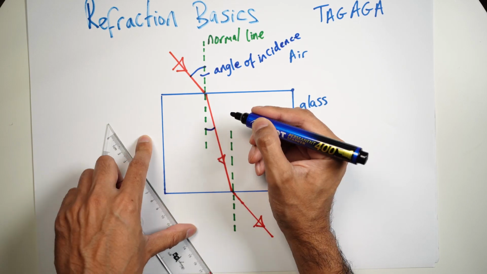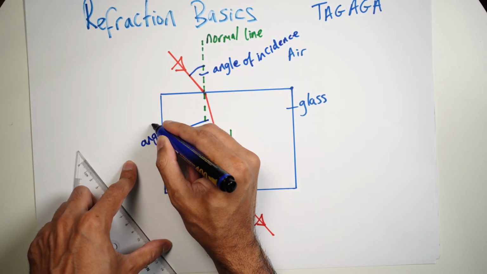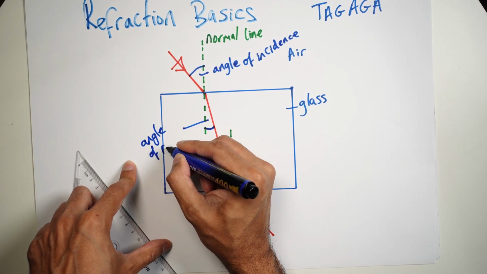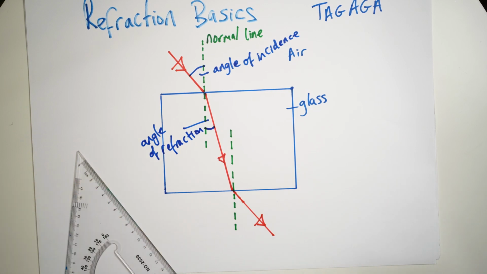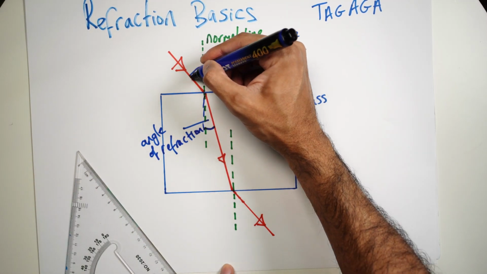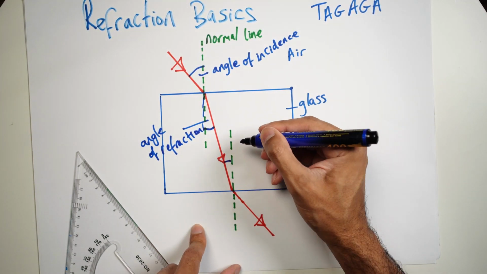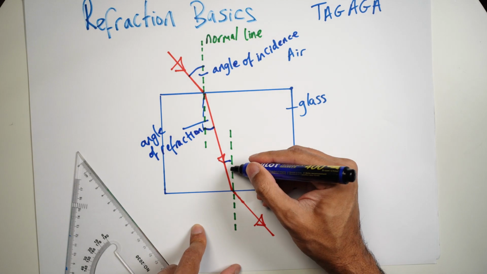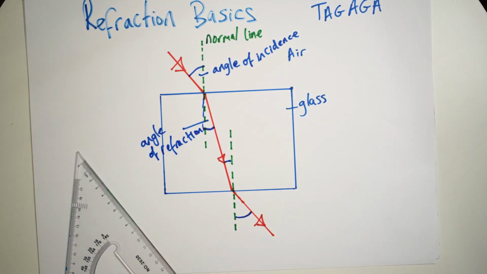And this angle here, this is the angle of refraction. So you've got a couple of angles. You've got that angle here and that angle there. Again, you always measure it from the normal. So that is your angle of incidence, and this one over here is your angle of refraction.